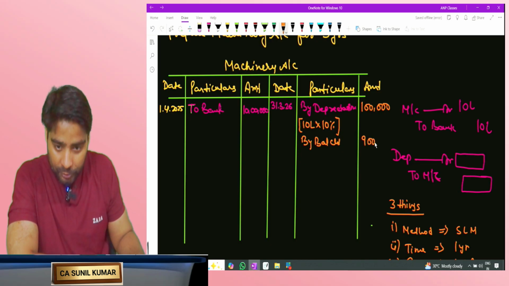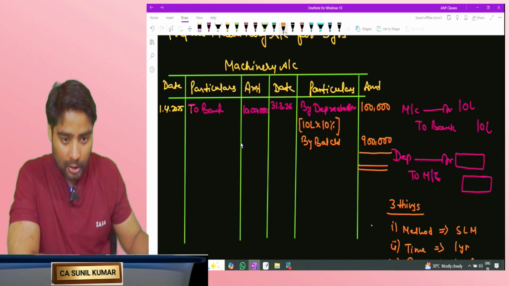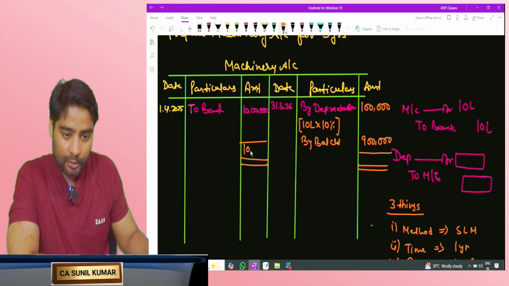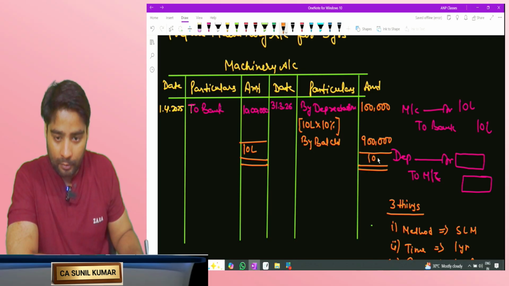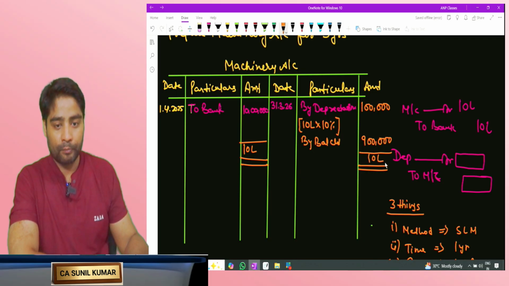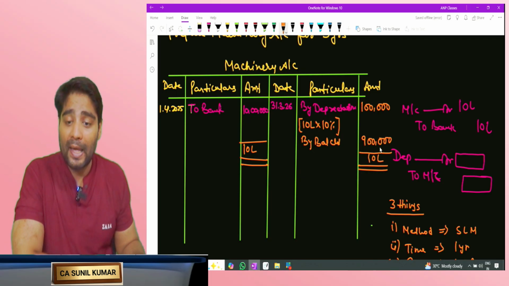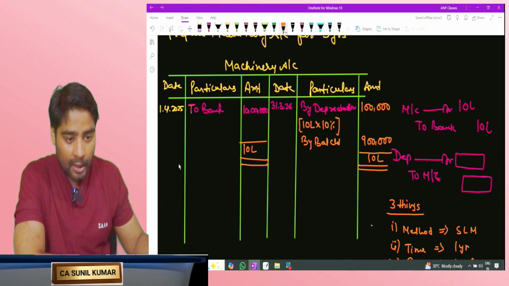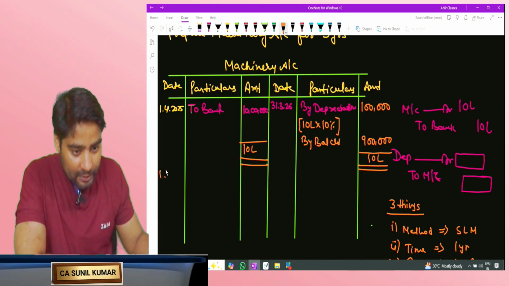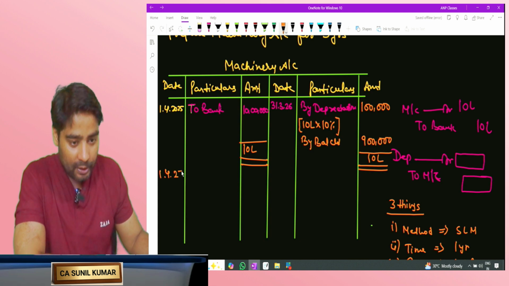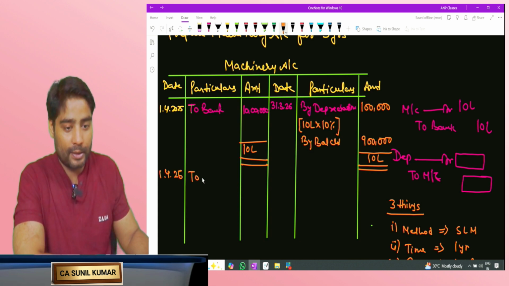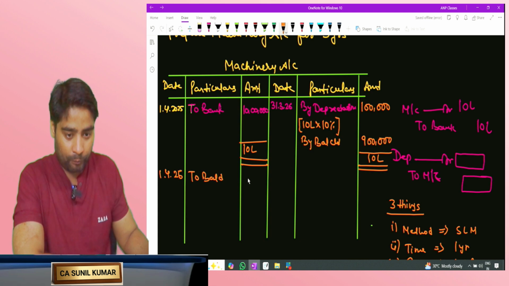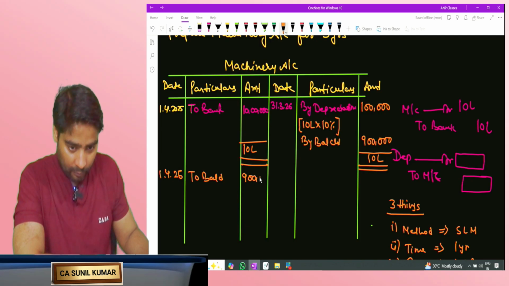So the balance of machine will be 9 lakh. And we shall close the account for the year 25-26. Here 10 lakh, 10 lakh. Now the balance of machine of 9 lakh on 31st March 2026 will be the opening balance on 1/4/26, balance brought down 9 lakh.